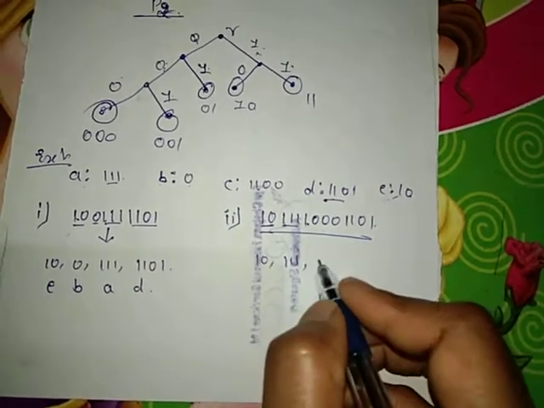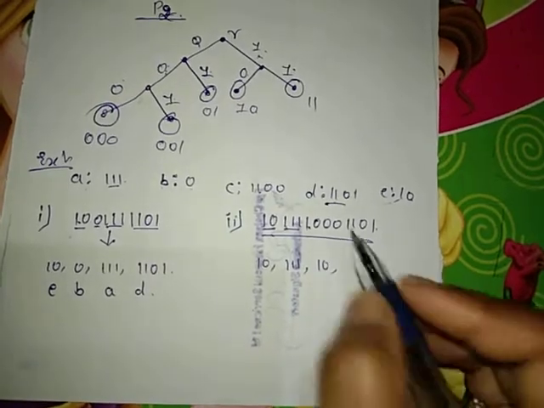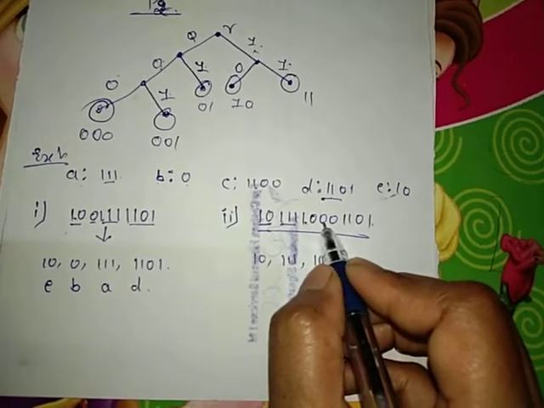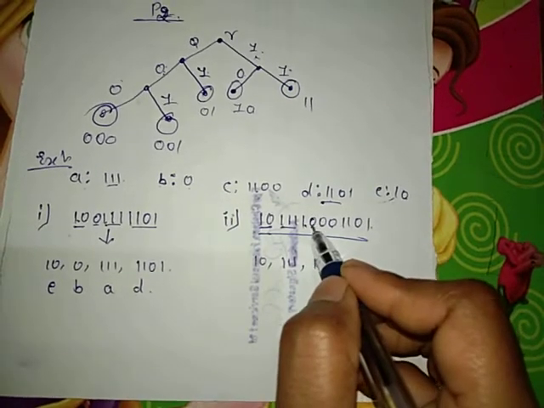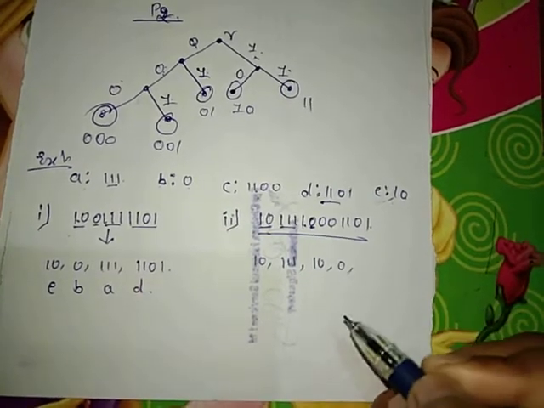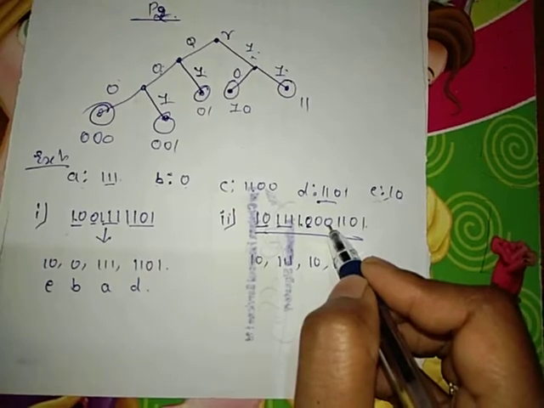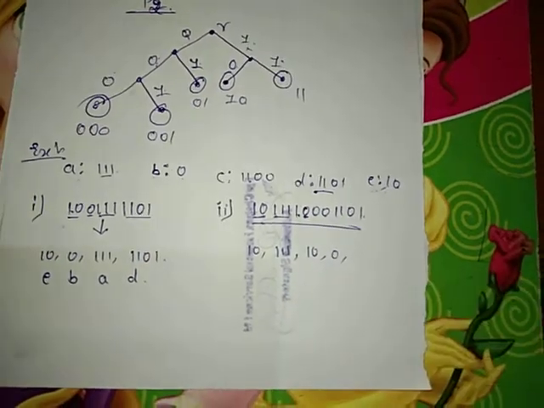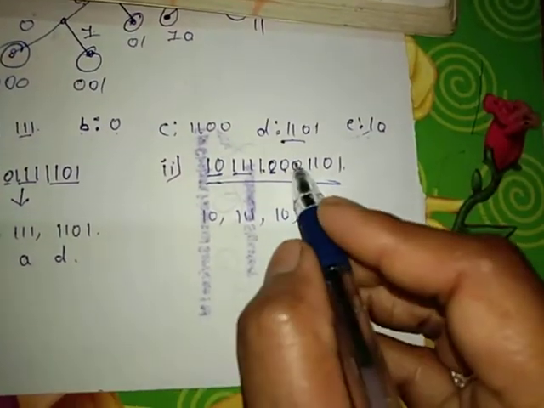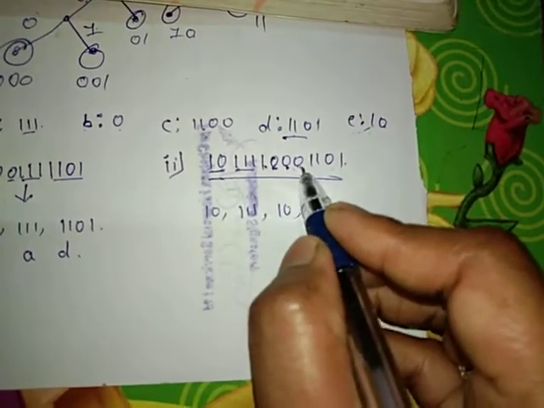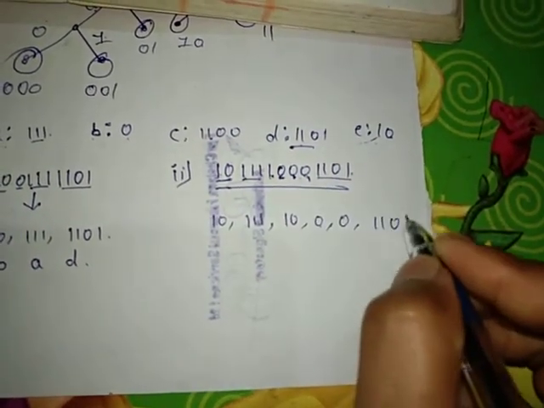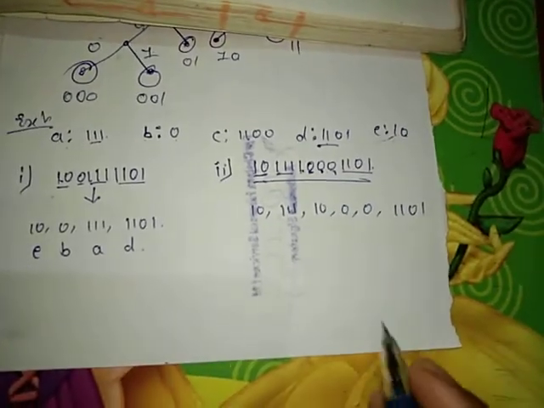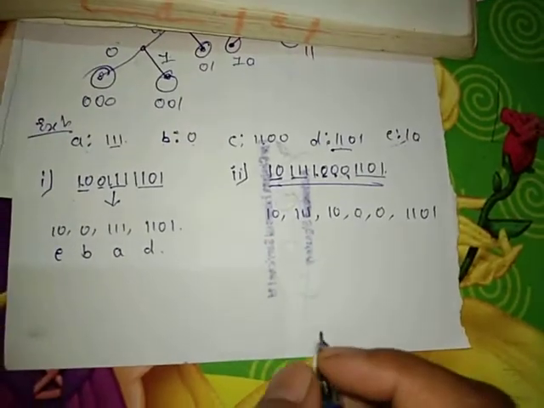And we can take only a 10. Now 0, 0 cannot be taken because there is no 0, 0. So first we take a 1, 0. And next we take a 0 here. And one more 0 is there, take that also. And remaining is 1, 1, 0, 1. That is how to decode the given sequence here.